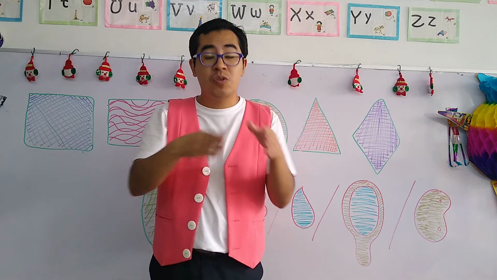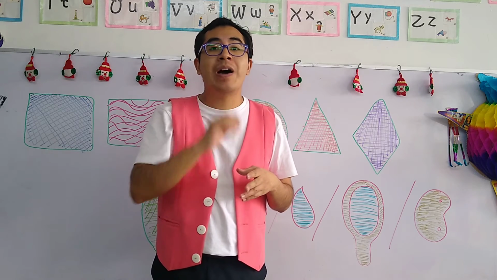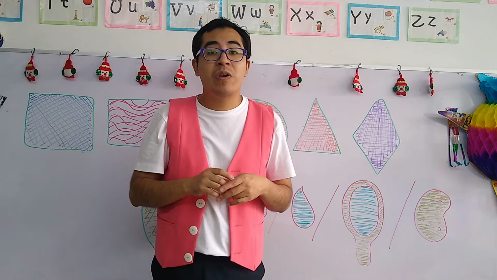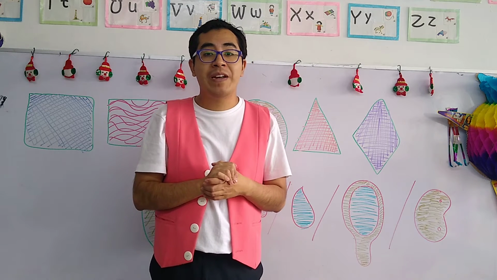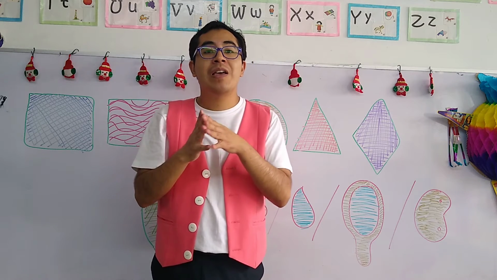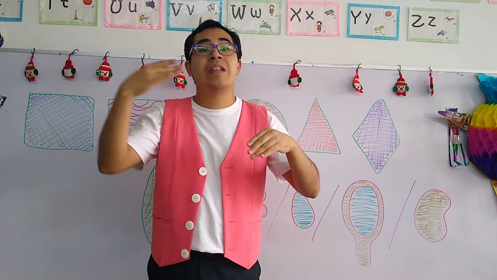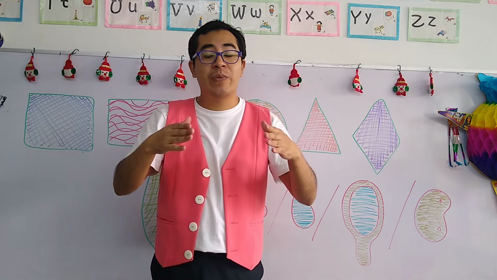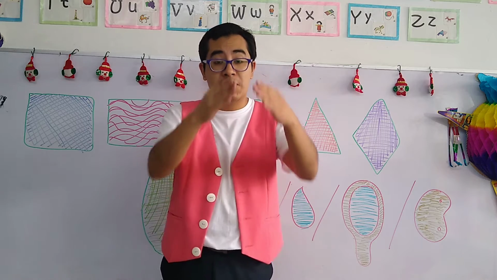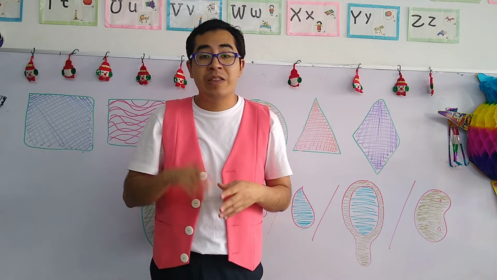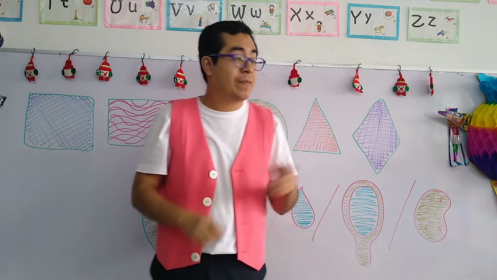But talking about just one piece, we refer to it as a slice of pizza. Cuando se trata de solamente una rebanada, nos referimos a rebanada de pizza. In English, we call it slice of pizza, or also a slice of cake. Okay, that means only one piece.